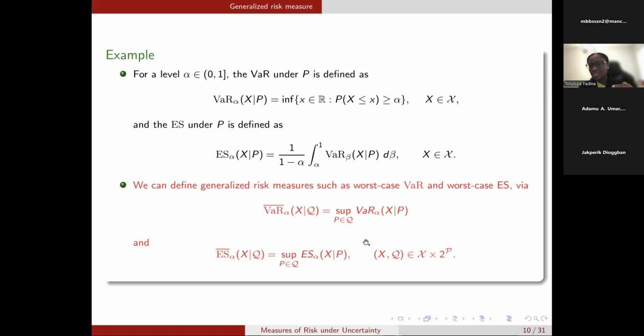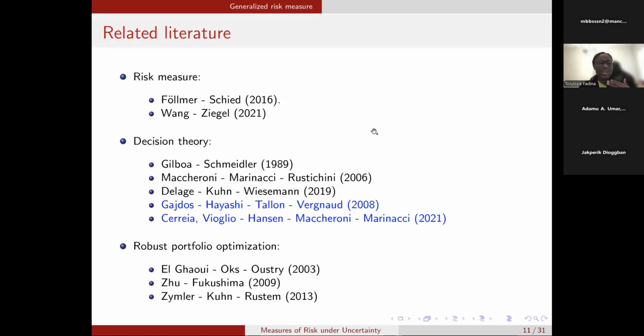But in our case, we introduce model uncertainty as part of our modeling input, in the sense that this value at risk is defined jointly on X and Q, and the same thing for the expected shortfall.